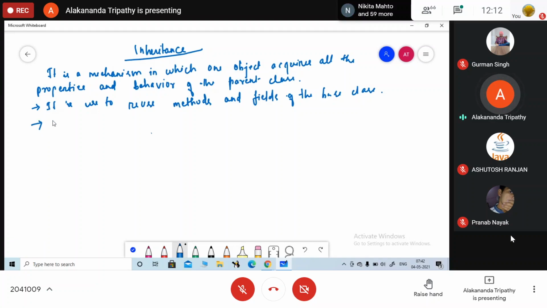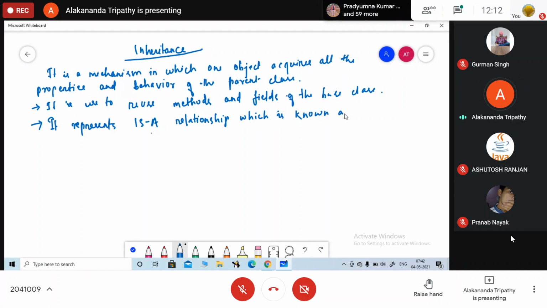Next property, it represents an is-a relationship, which is known as parent-child relationship.